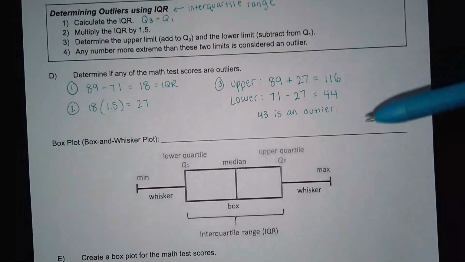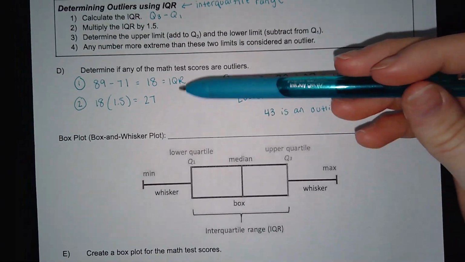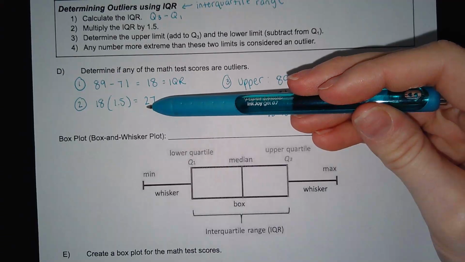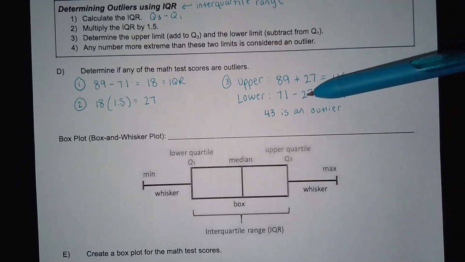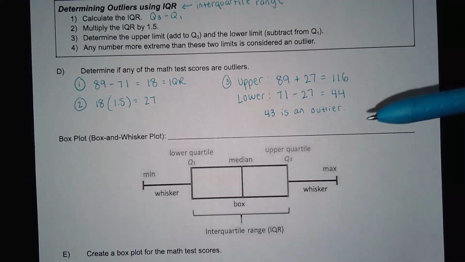So I know there's a few steps to that process, but if you can find your IQR, multiply it by 1.5, and then add and subtract to your quartiles to find those limits, then we're able to find if any values are outliers.